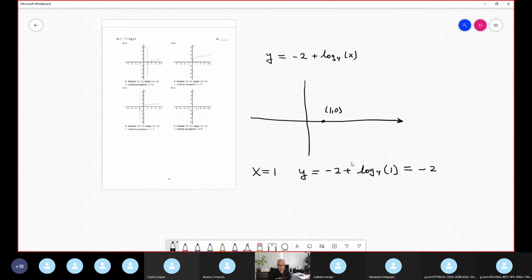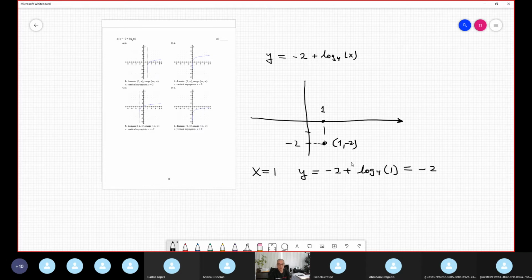At that point, it is not (1, 0), it is (1, negative 2). Why (1, negative 2)? Because we have one vertical shift, 2 units down. So this is 1, but this is negative 2. This point is (1, negative 2).